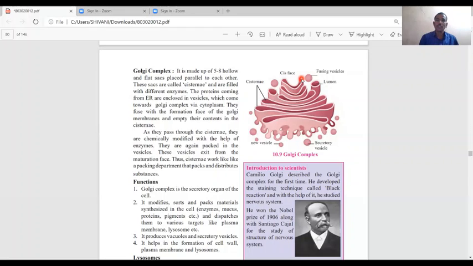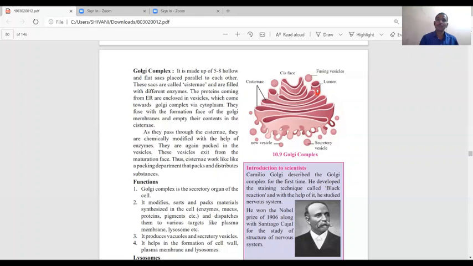Now we also see the parallel flat sacs; all such parallel flat sacs are known as cisternae. Vesicles fuse with the formation phase of the Golgi membranes and empty their contents in the cisternae.